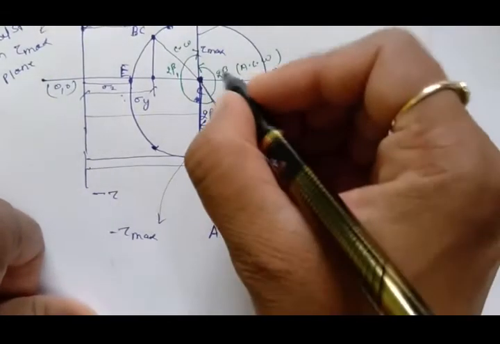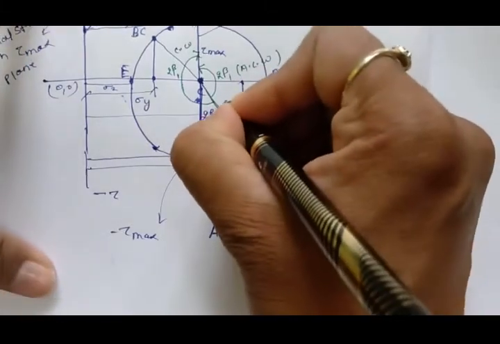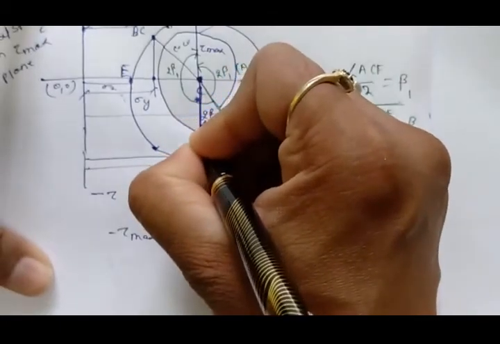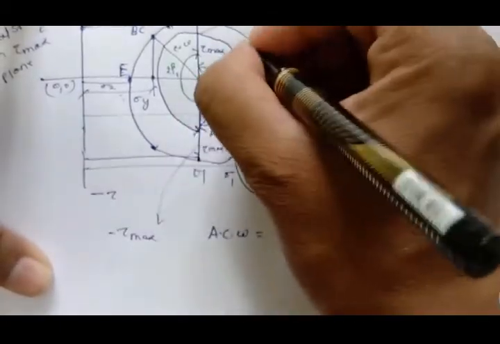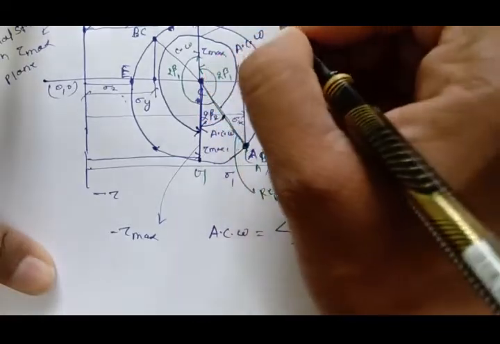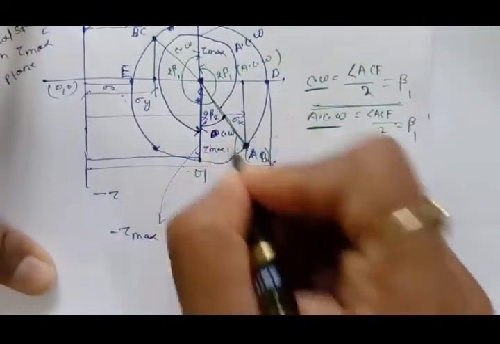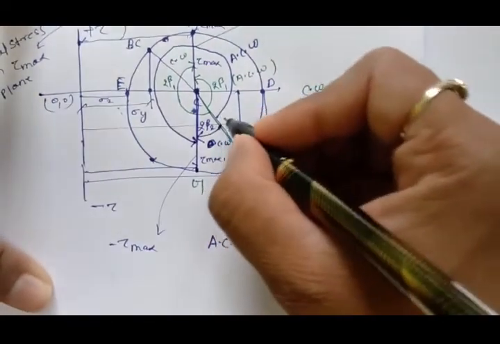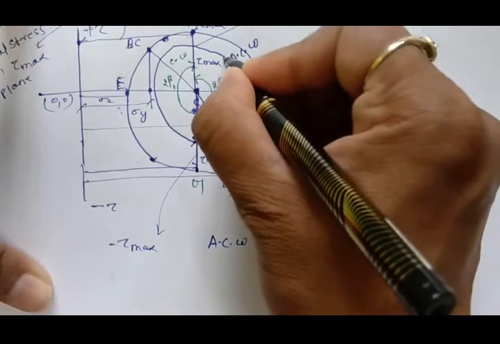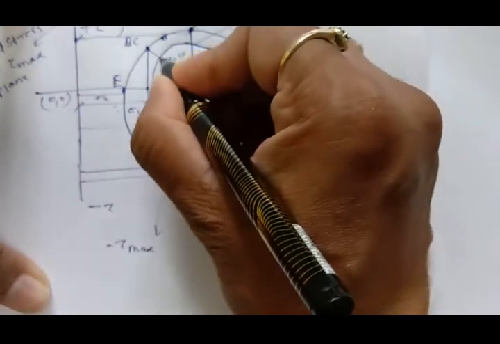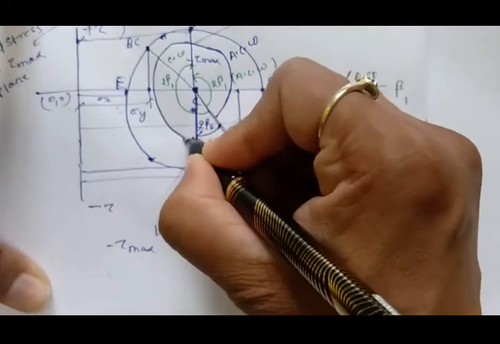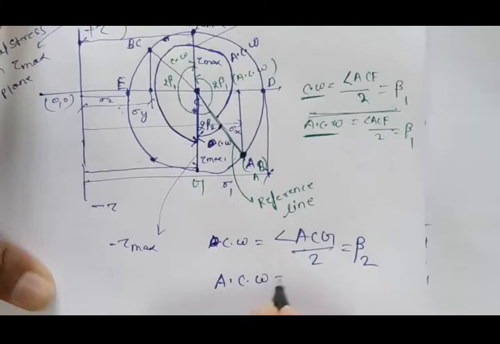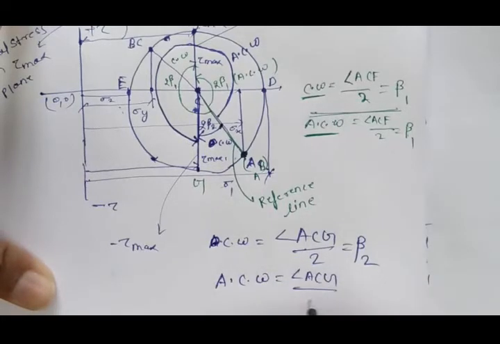Or if you measure clockwise, then you have to write it by mentioning the clockwise. Earlier it was clockwise, and this is anti-clockwise. So if you go in this manner from the reference line to the negative tau max plane, you have to measure this anti-clockwise, which is nothing but ACG by 2, beta 2.